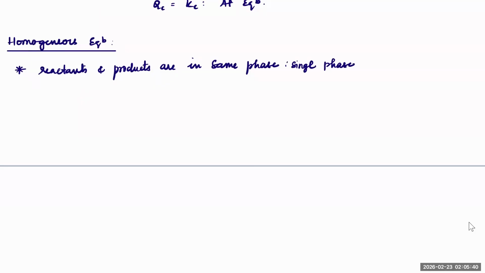Now, listen to one thing. Suppose you have a reaction like this: A gas plus B gas giving C gas and D gas. This is definitely a homogeneous reaction or homogeneous equilibrium.